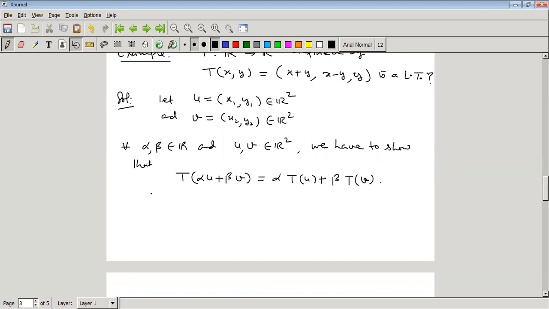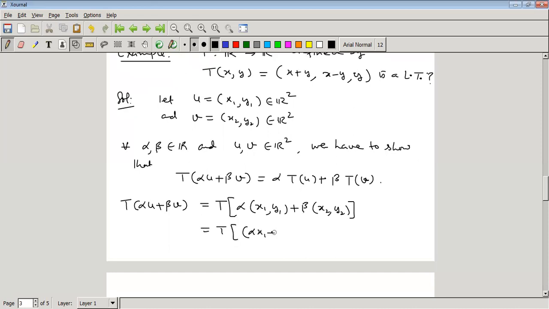So we start with the left hand side, T of alpha u plus beta v. We can put (x1, y1) and (x2, y2), that is equal to T of (alpha x1 plus beta x2, alpha y1 plus beta y2).